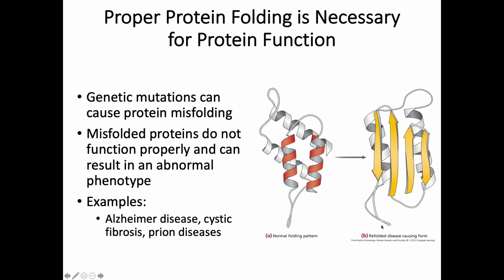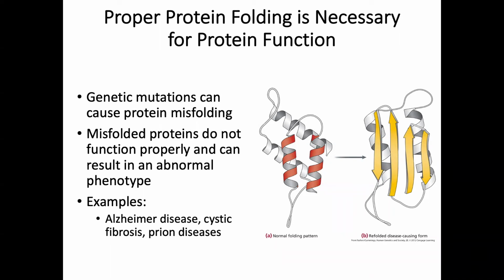In this form, most of the protein is in the beta sheets, showing this yellow color, this ribbon-like section. With a different structure, misfolded proteins do not function properly and can result in an abnormal phenotype. All right. So in lecture 2, we introduced the protein called FUS, right?